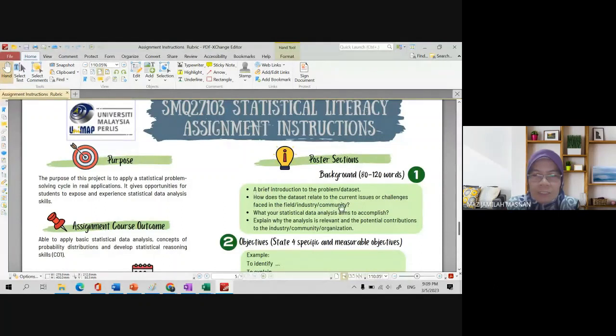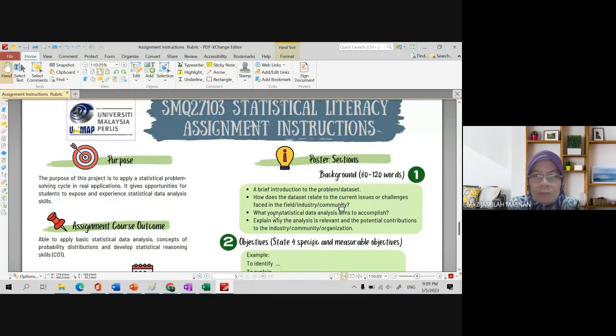If your data set is based on health data, then you can talk about the community. If your data set is about a product of an industry, then you're talking about an industry. So that's how you choose which one will be the interest of your study.